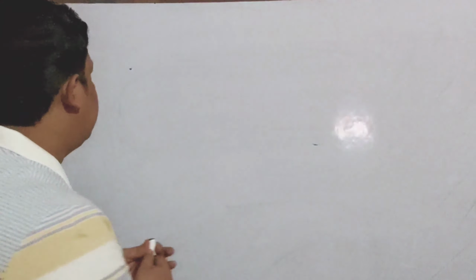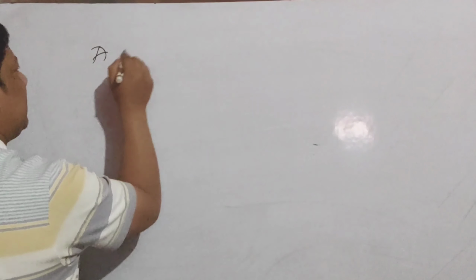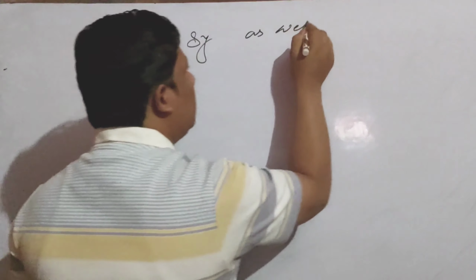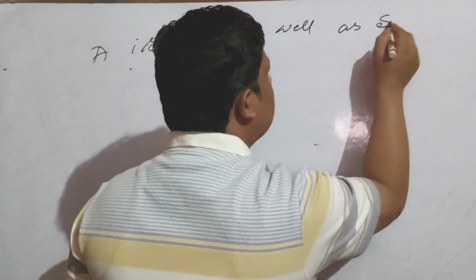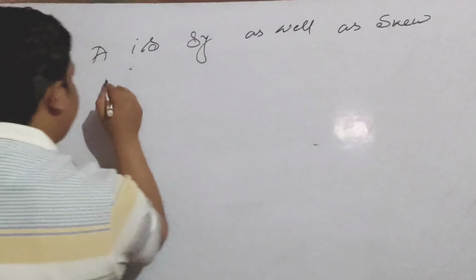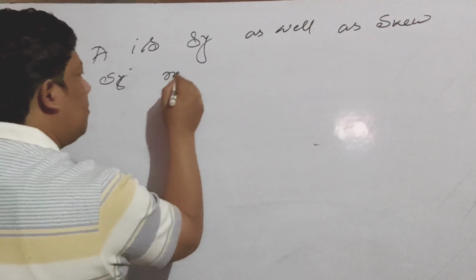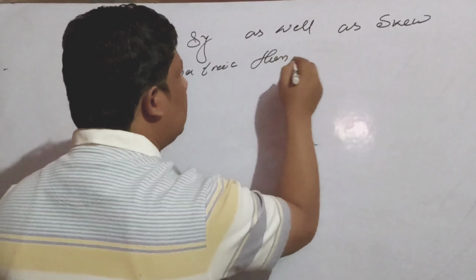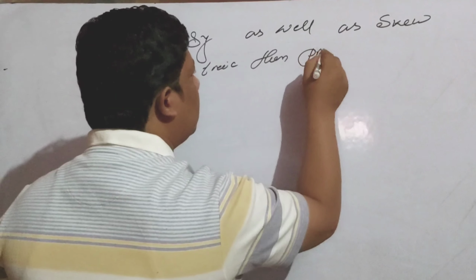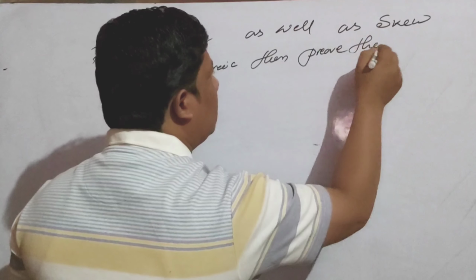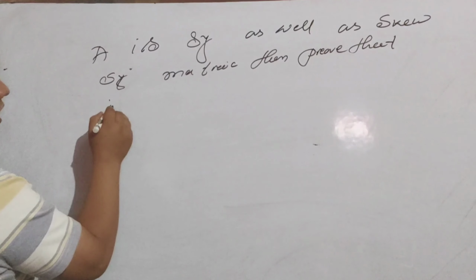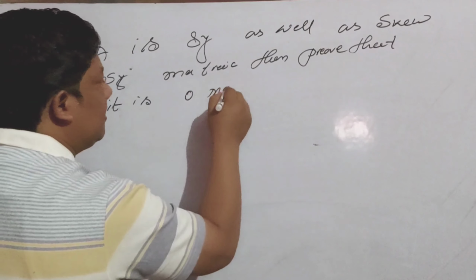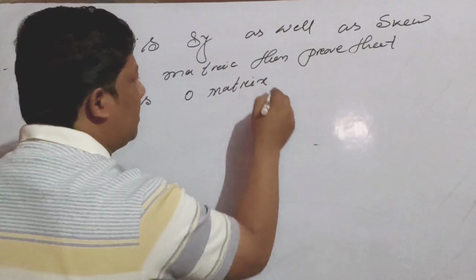So look here, A is a symmetric as well as skew symmetric matrix, then prove that it is a zero matrix. You have to prove that it is a zero matrix.